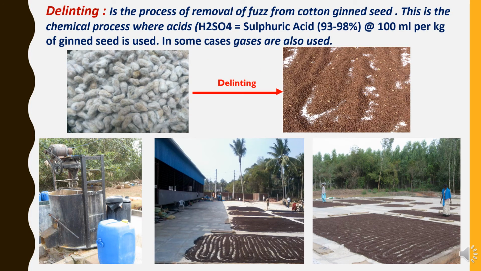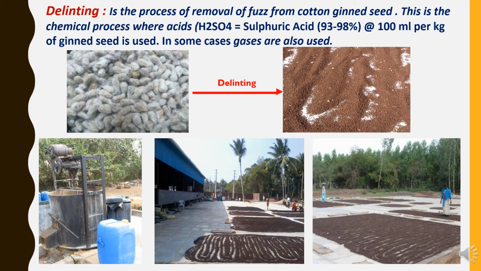De-linting is the process of removal of fuzz from cotton gin seed. This is a chemical process where acids like sulfuric acid are used, at a concentration of 93 to 98%, at the rate of 100 ml per kg of gin seed. In some cases, gases are also used.